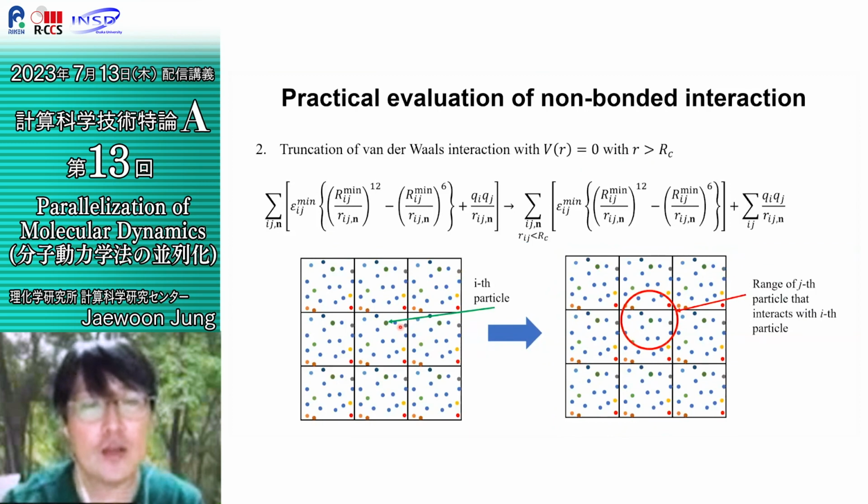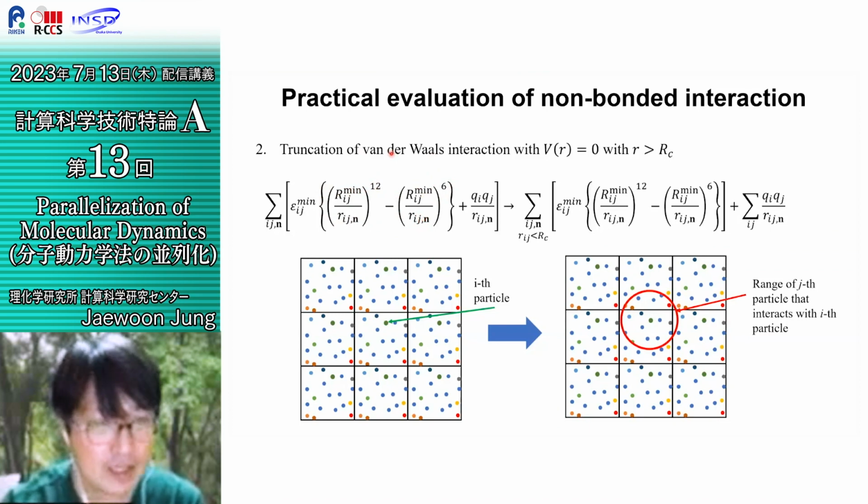Just consider one particle here. In the van der Waals interaction, the first term has a 12th power of 1 over r, and the second term has a 6th power of 1 over r. These two decay very rapidly with increasing distance.